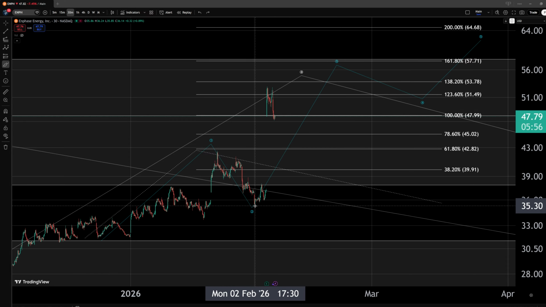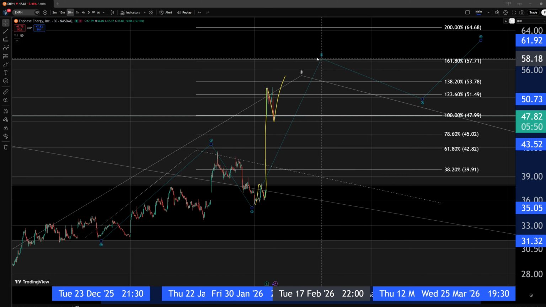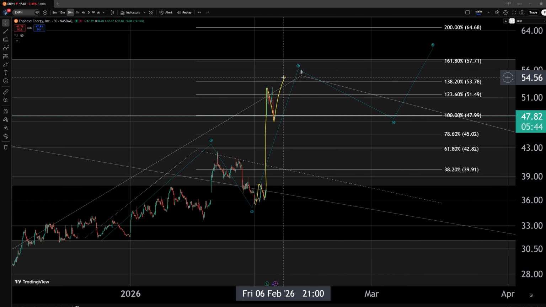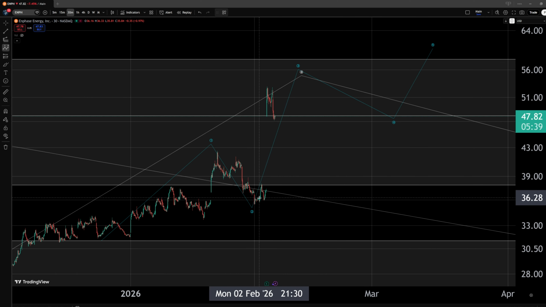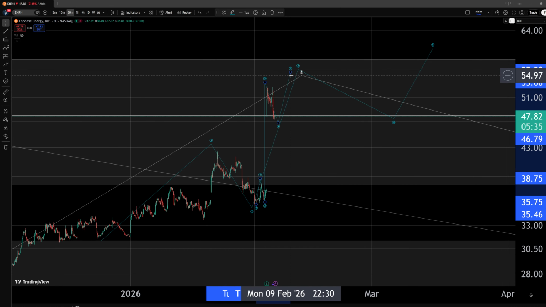I would need to see at the very least a 1, 2, 3rd, 4th, and the 5th before I would be able to consider this count actually full, before I would be able to look for a wave 4 correction and a 5th wave. So, internally, within this structure, we will be looking for a 5-wave move to the upside, where we could see even more than one additional high.